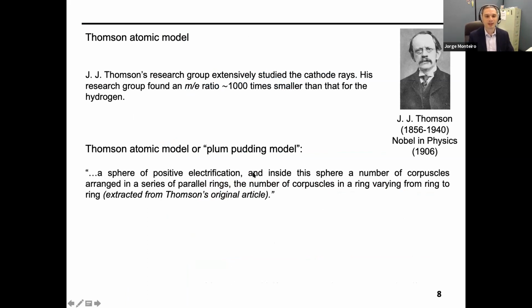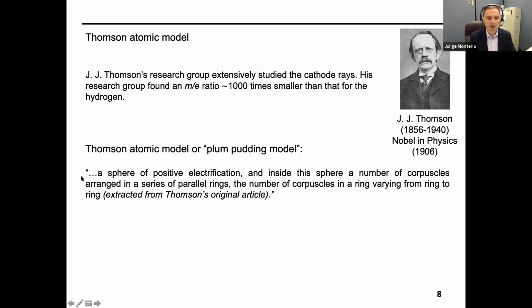For that, we will bring on the Thomson atomic model. J.J. Thomson's research group extensively studied the cathode rays. His research group found mass over charge ratio 1,000 times smaller than that for the hydrogen. So therefore, Thomson came up with his own atomic model, and this is also known as plum pudding model.